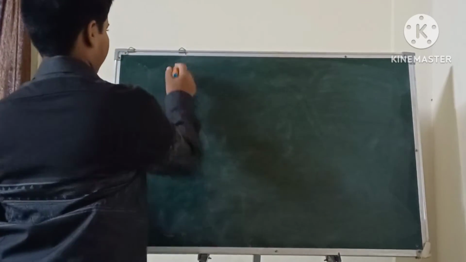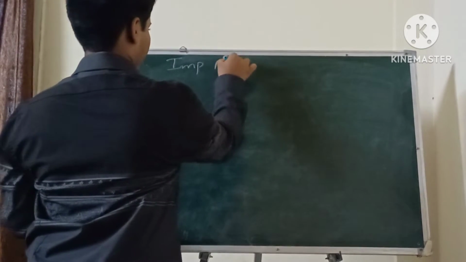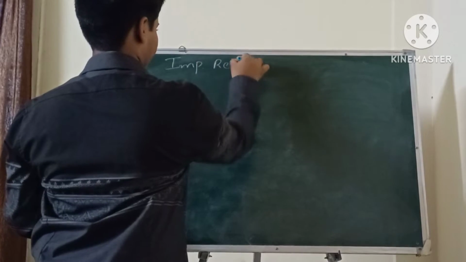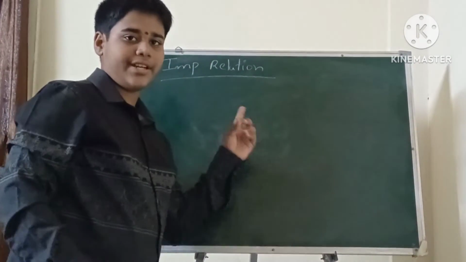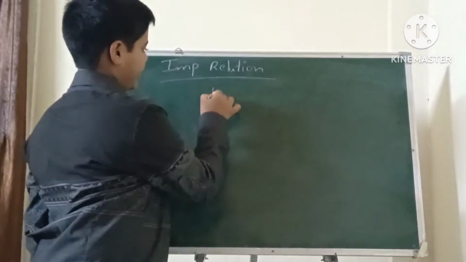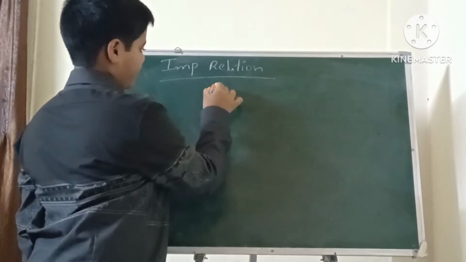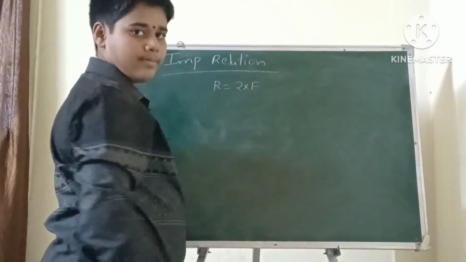So, one of the important relations here is the relation between radius of curvature and focus. Radius of curvature equals 2 into focus.